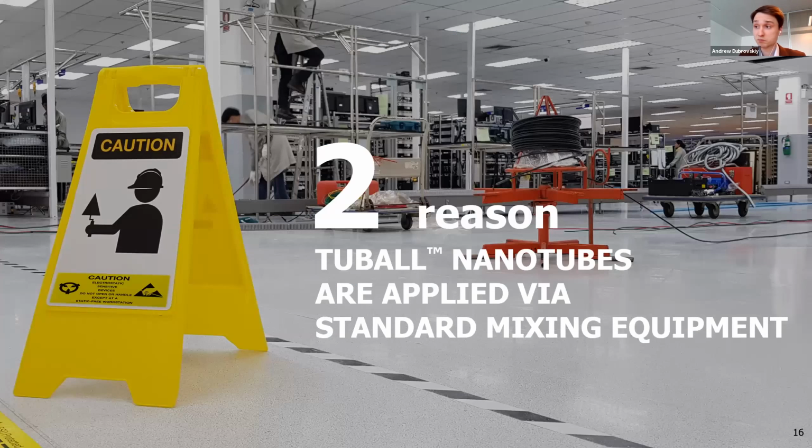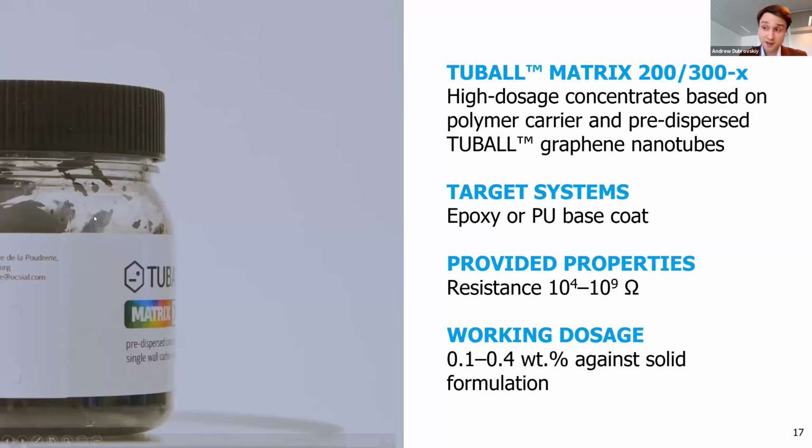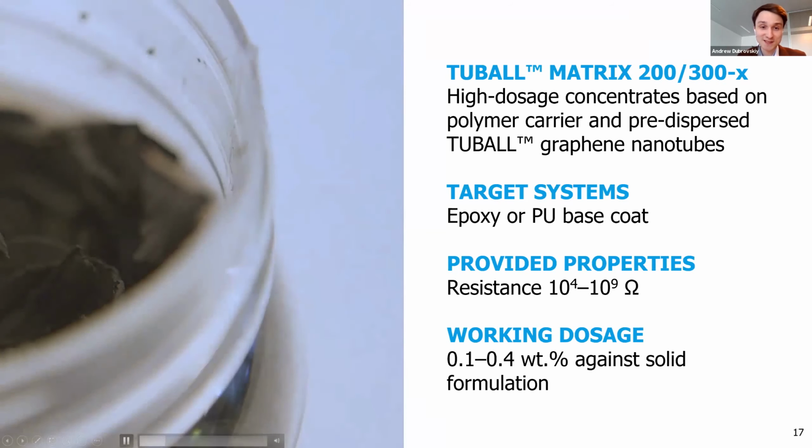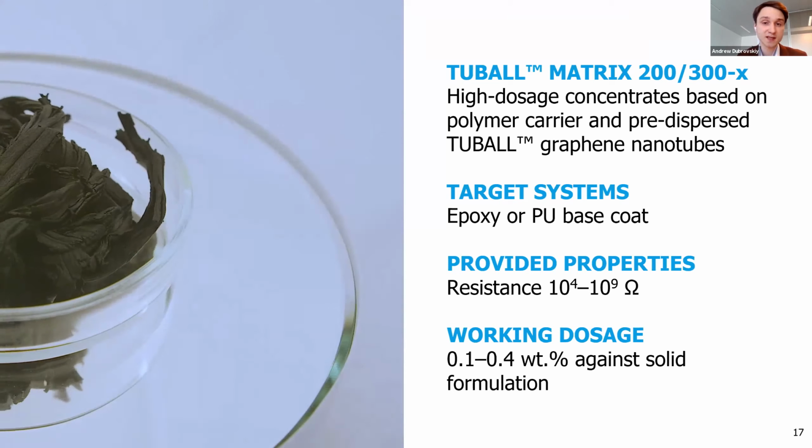And let's go further. The second reason is pretty simple. Today, it's very easy to work with our single wall carbon nanotubes because in general, you don't need to work directly with single wall carbon nanotubes. We have already developed a huge range of electrically conductive additives.